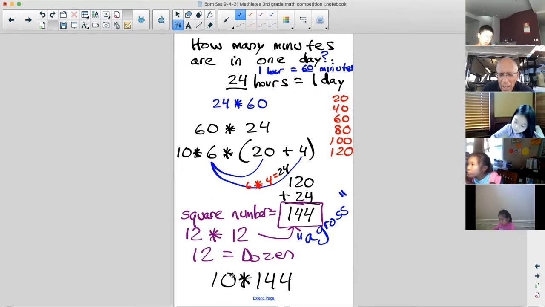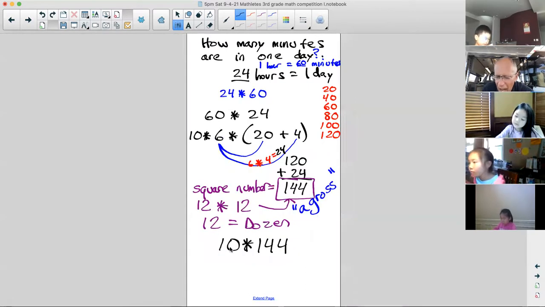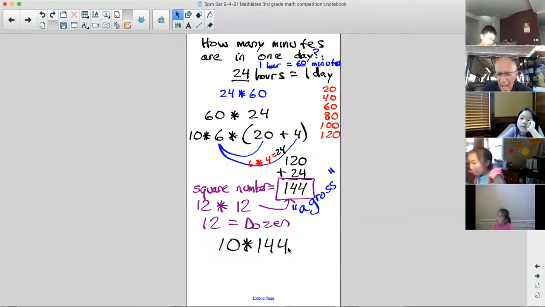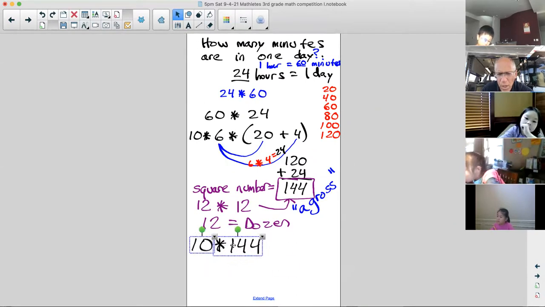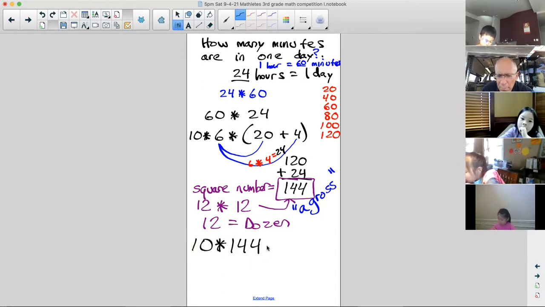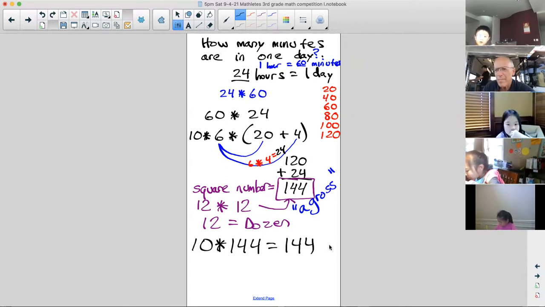So everybody, when you multiply 144 times 10, you simply write out the number 144, and after it, you tack on a what? For one place value. 10. A zero. All you have to do is tack on a zero. And Stella, that's the answer to your question.